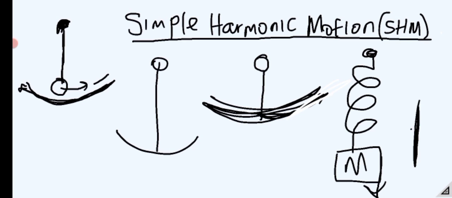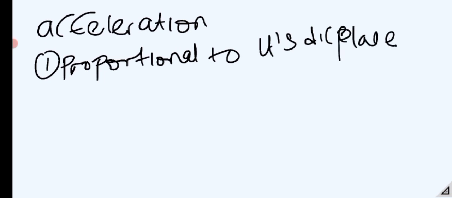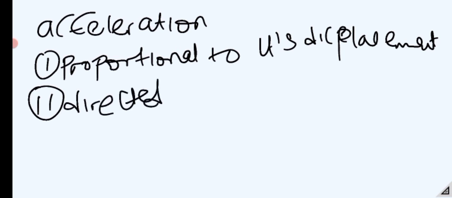The first definition is that a simple harmonic motion is the motion of a body, listen very carefully, whose acceleration, number one, is proportional to its displacement. And number two, whose acceleration is directed towards the equilibrium position. I will explain those concepts very carefully, just make sure you listen.